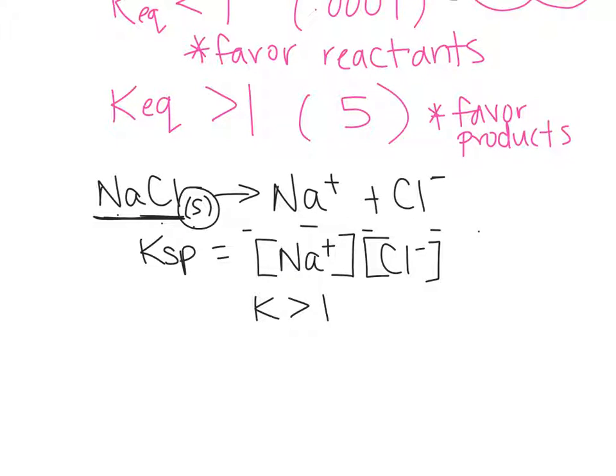Obviously, products. So K SP greater than 1 means it's very soluble. Do you understand why I'm saying that? If it's favoring the products, that means it's favoring the splitting, right?